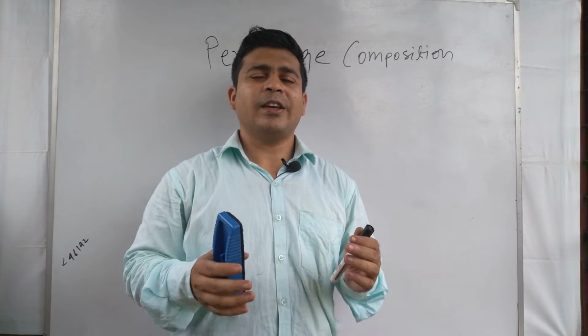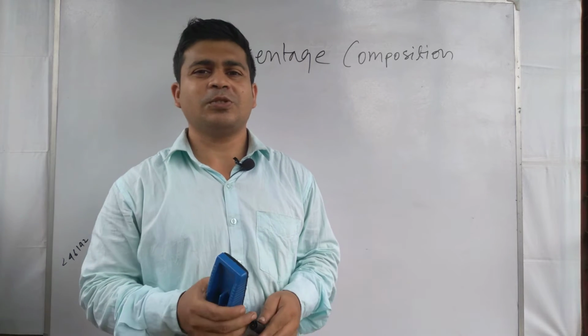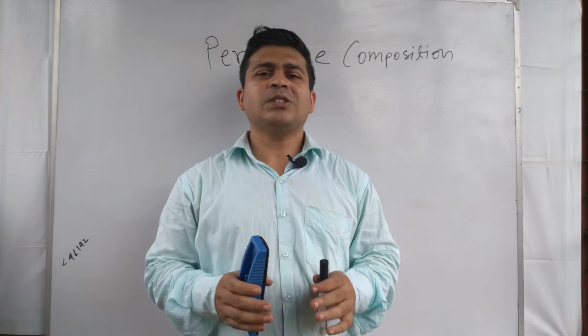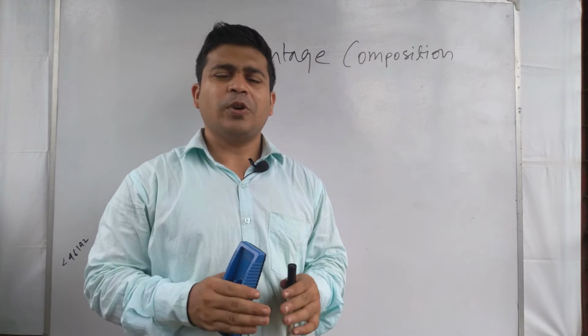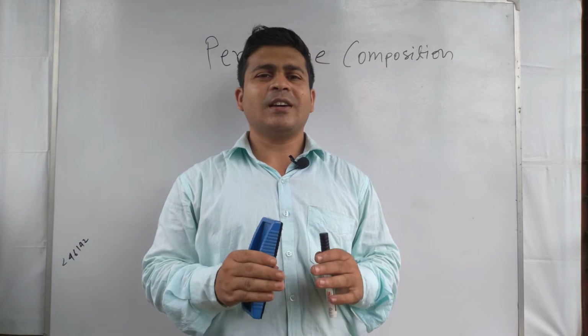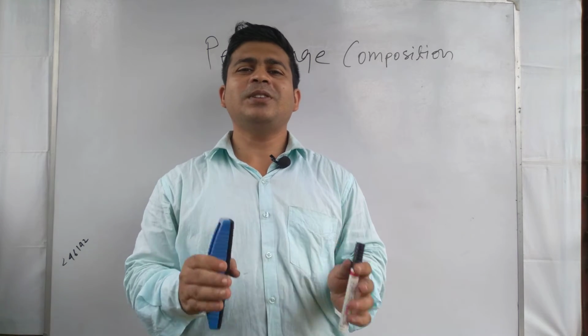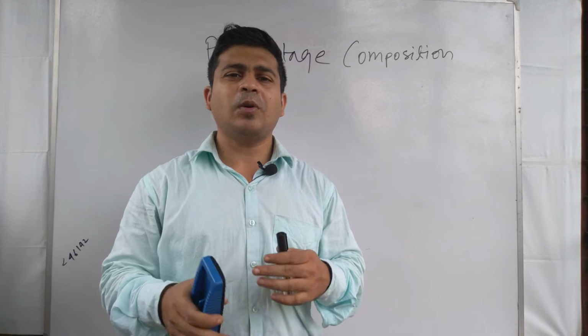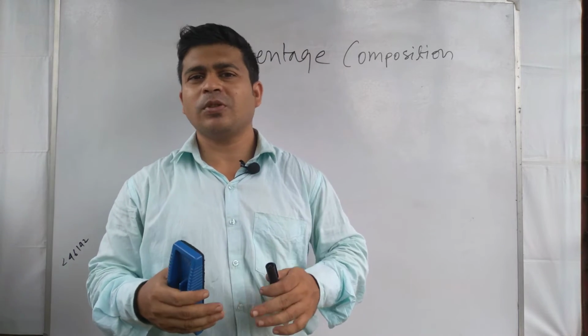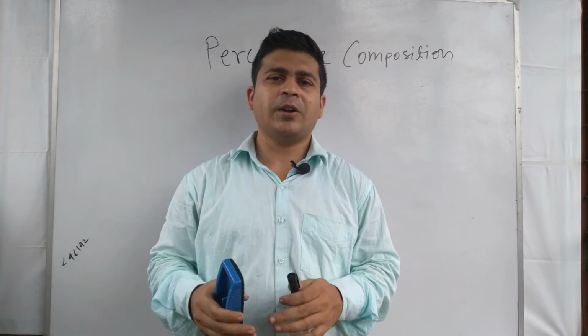First, the explanation of what percentage composition is. Percentage composition is where we calculate the percentage of each element that is present in a compound, because a compound is made up of more than one kind of atom.